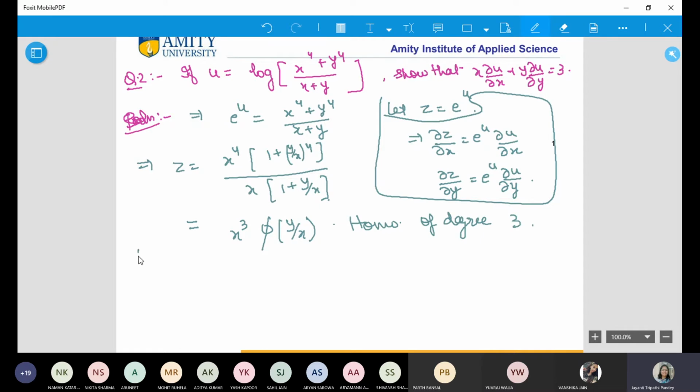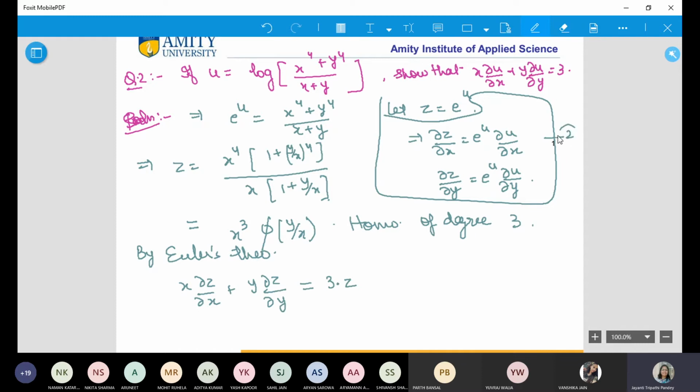Using Euler's theorem, x del z by del x plus y del z by del y is equal to 3 into z.